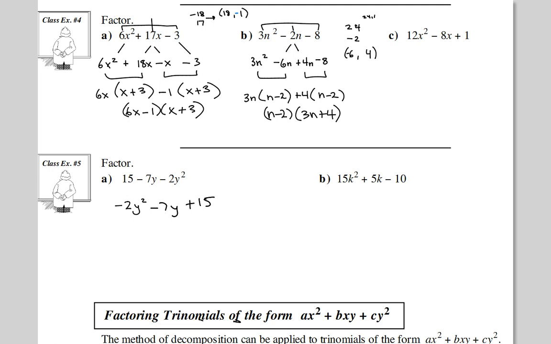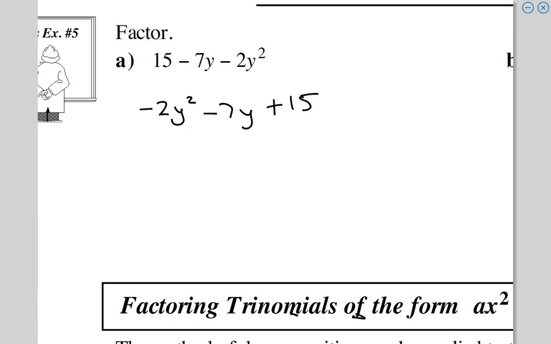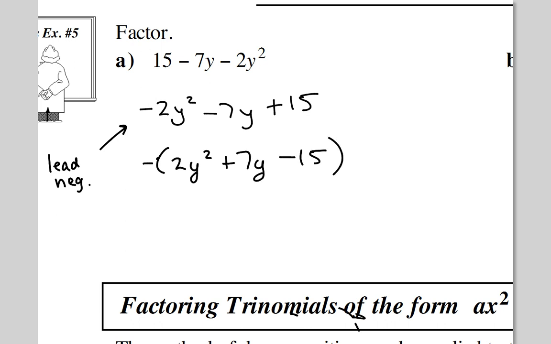Put it outside. You didn't even take those notes. You have to get rid of that negative, or else it's going to look funny. This negative on lead coefficients, the bane of my existence. Lead negative, get it out. Take out a negative, you get 2y squared plus 7y minus 15, and then factor that.